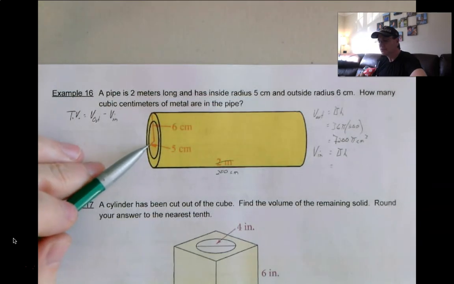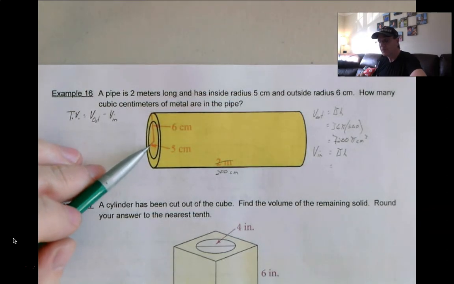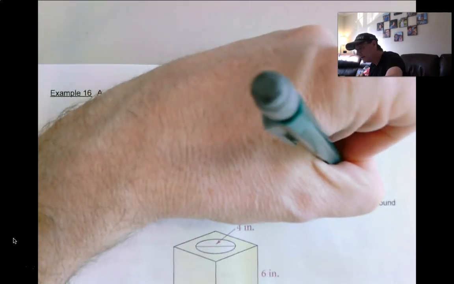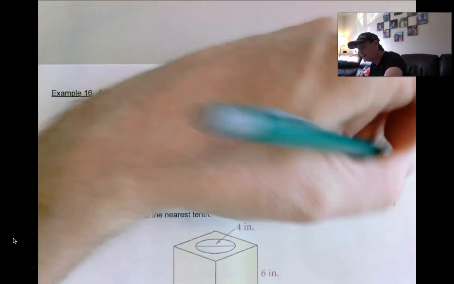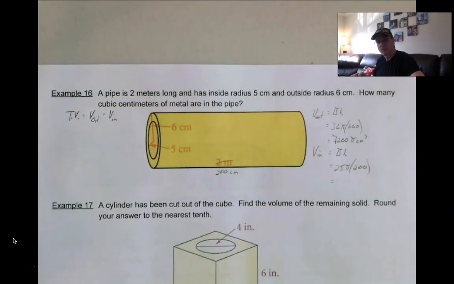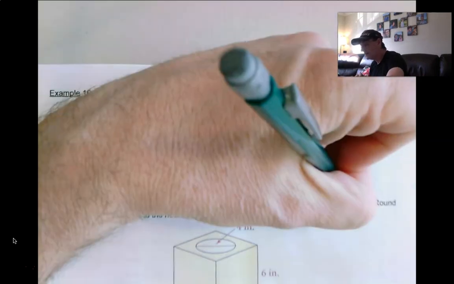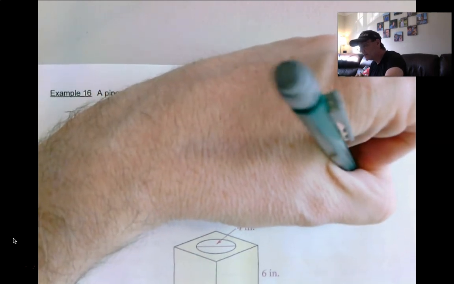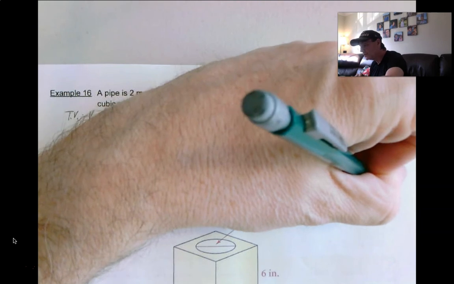Volume of the inner cylinder, again, area of the base times the height. This time the radius is 5, so the area of the base is 25 pi. And it's still a height of 200. So 5,000 pi, 25 times 200 is 5,000 centimeters cubed.